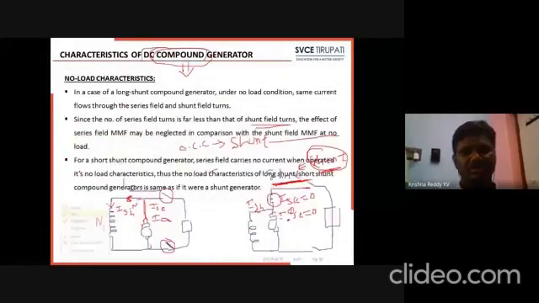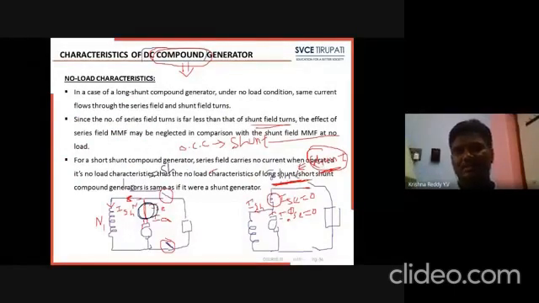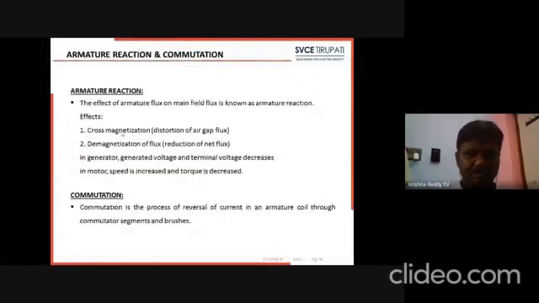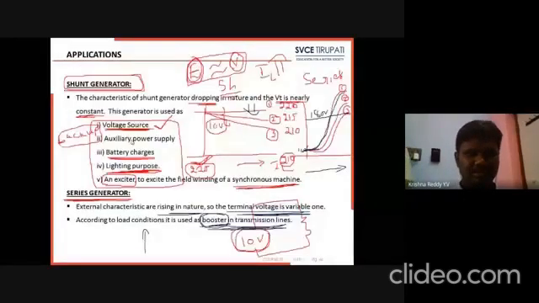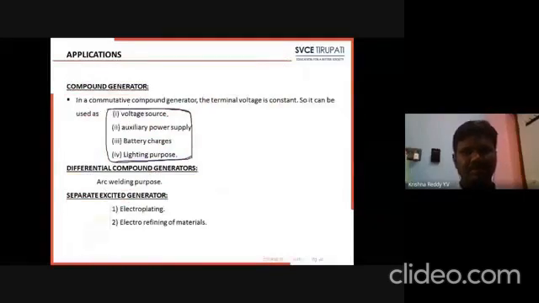When you neglect the series field winding turns, the series field MMF, the long shunt generator is similar to the shunt generator, and the short shunt generator is also similar to the DC shunt generator. The compound generator's applications are similar to the DC shunt generator. The change in voltage from no load to full load is a small value. It can be used as a voltage source, auxiliary power supply, for battery charging, and lighting purposes.